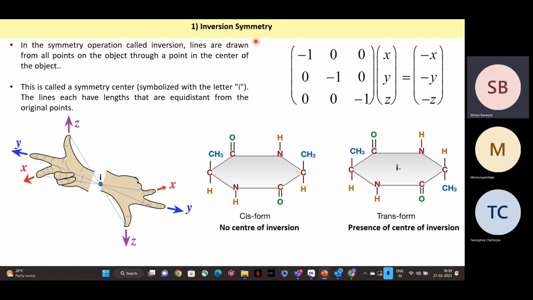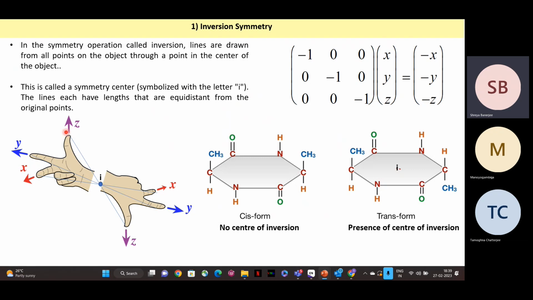We will first look at inversion symmetry. In inversion symmetry, the initial x, y, and z positions all become negative: minus x, minus y, and minus z. So inversion symmetry, as I said, is basically lines are drawn from all points on the object through a point in the center.